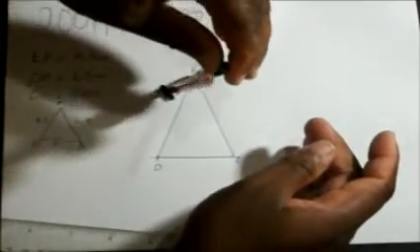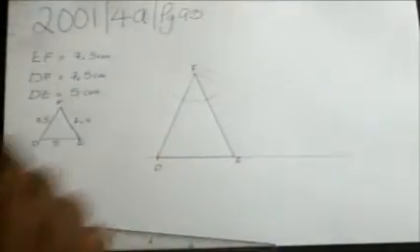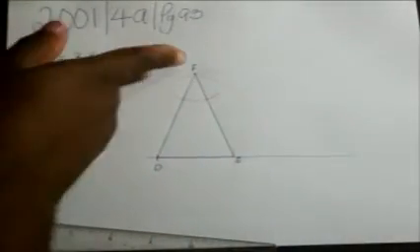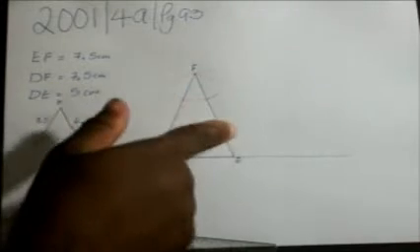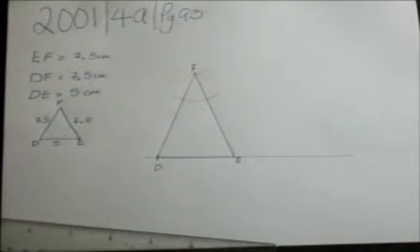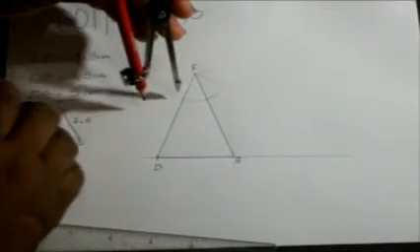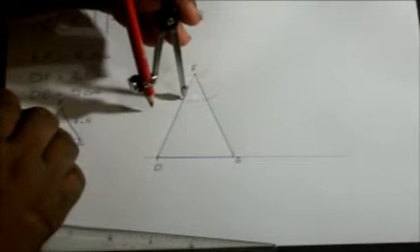Remember to check your notes about how to bisect an angle. I'm going to scribe an arc using F as the center, the vertex as the center, for it to cut the two arms in two distinct places. Then using where the arc cut the arm as a center, I'm going to scribe another arc.